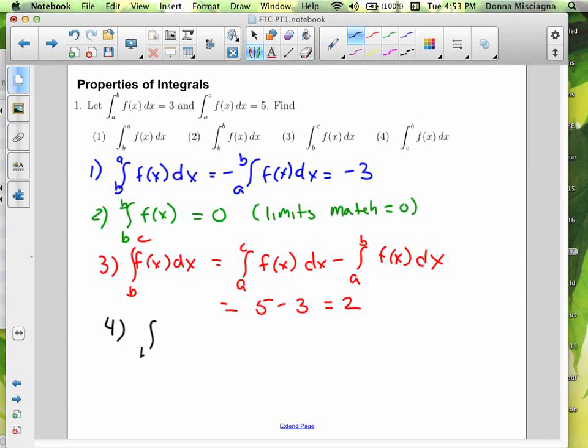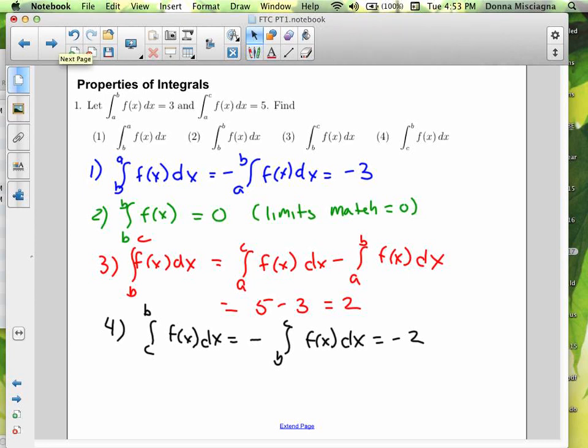All right, so from C to B, f of x dx is just going to be the negative of B to C, f of x dx. So that's going to be a -2 instead of a +2.